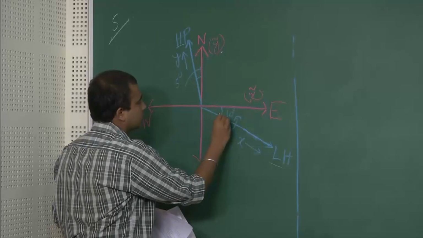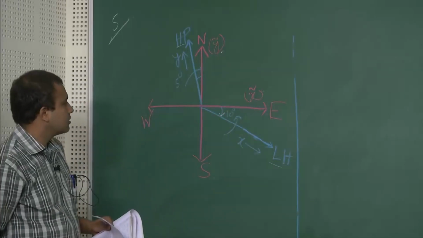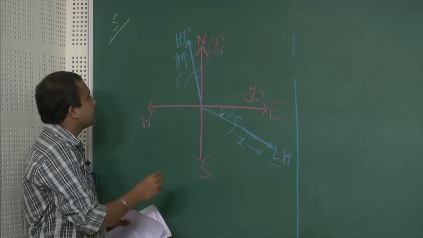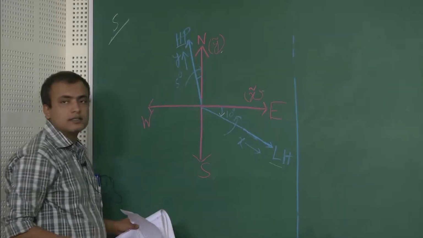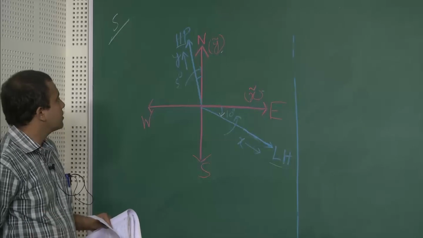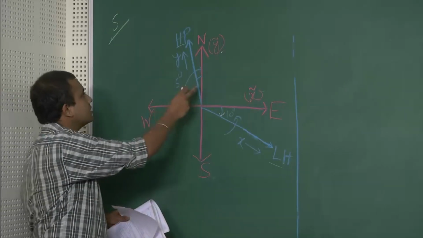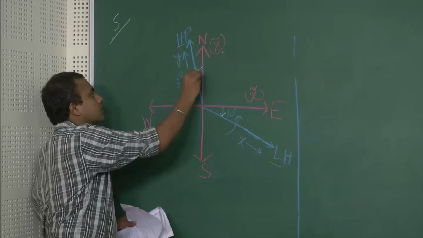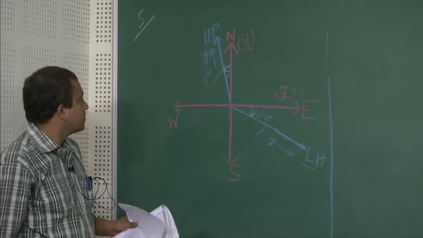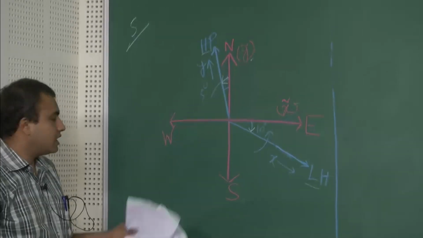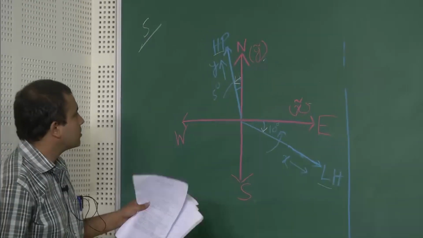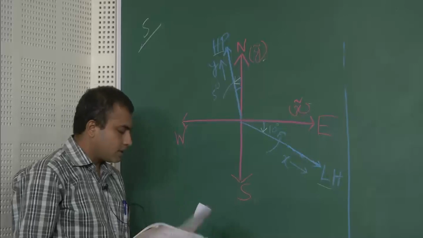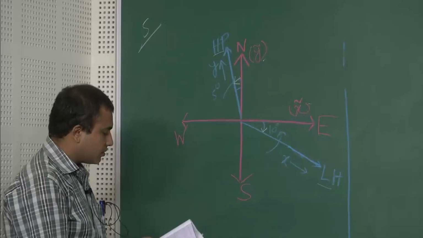And the high peak in some hilly range is 5 degrees north of west. So, perhaps I should give the arrow in this way, north of west. So, we have the data here in this system, and we want to know it in our original, normal system that we use. So, that is the problem here.